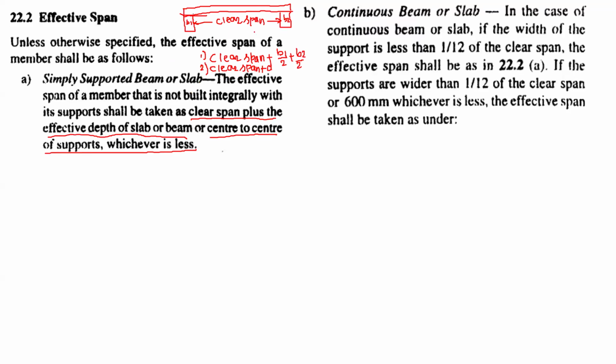Then second, continuous beam or slab. Now when the width of support is less than clear span by 12, then we have to use the criteria of simply supported.